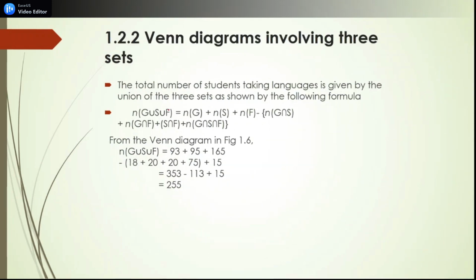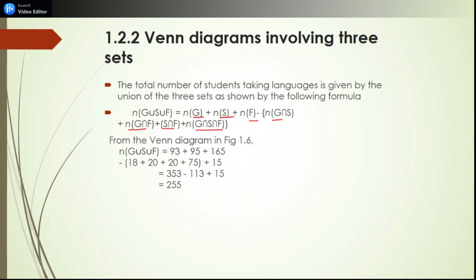To find the union of all students there, we take the number of students in German, the number of students in Spanish, the number of students in French, and then we subtract the number of students in the intersections between them. We subtract this one, and then we add this, and add this.